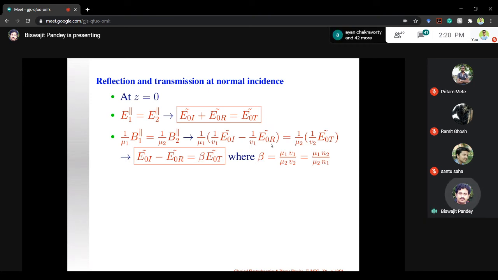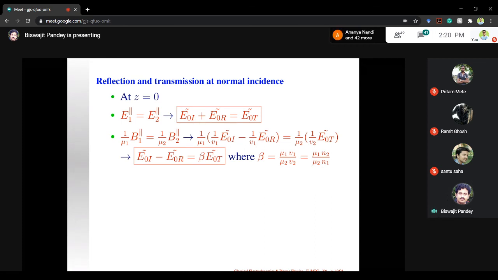And if you simplify this, mu1 and v1 are the same for the incoming and the reflected wave, so we can take that outside this bracket. And if I write this, mu1 v1 by mu2 v2, again v can be written in terms of refractive index, because refractive index is defined as n equal to the speed of light in vacuum divided by the speed of light in that medium.